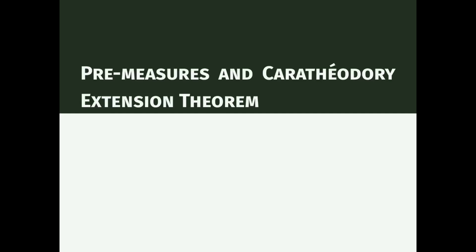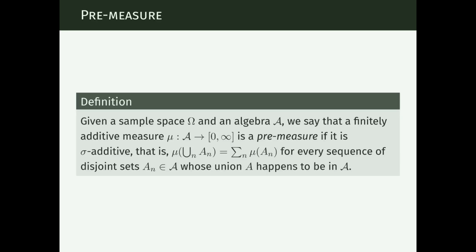So let's start with the definition of pre-measures and the statement of Carathéodory's extension theorem. A pre-measure definition: if we have a sample space and an algebra of subsets of this sample space, a pre-measure is the following.